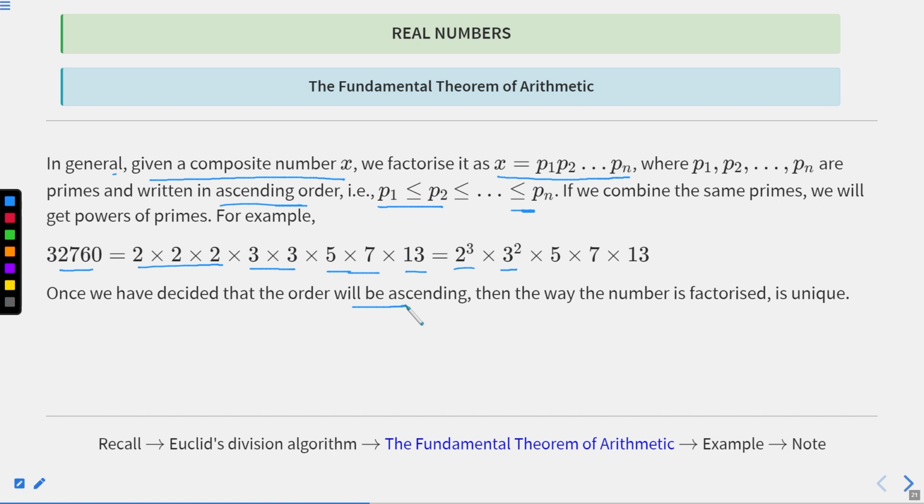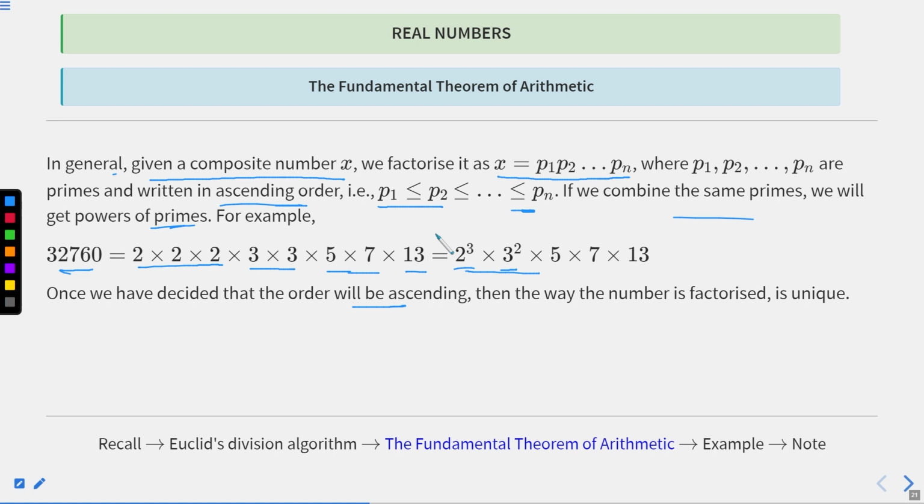If we combine the same primes, we get powers of primes. So the number 32760 can be written as 2 cube into 3 square into 5 into 7 into 13, and this way of factorization is unique.